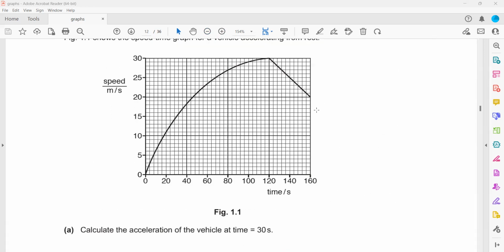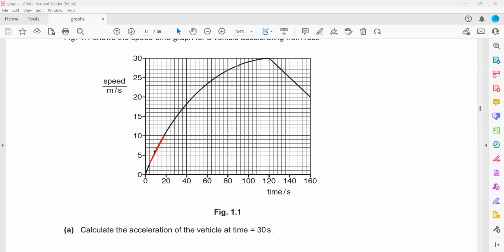First, when we compare the acceleration at 10 seconds, the graph had a steeper angle as compared to 100 seconds.